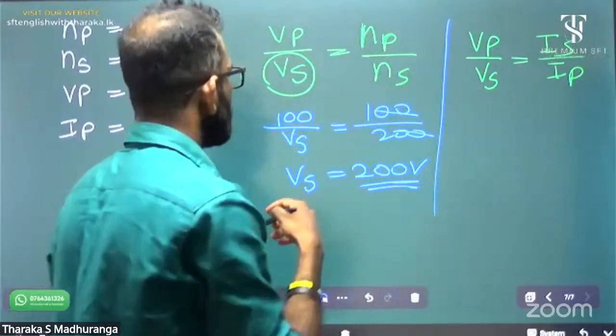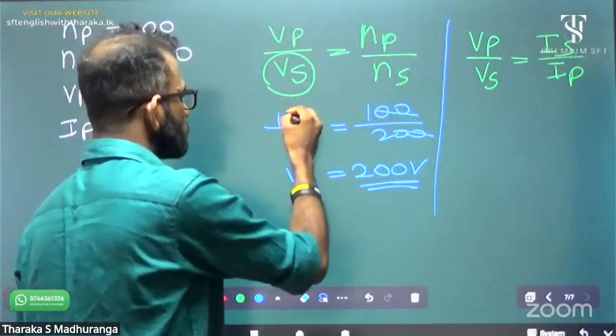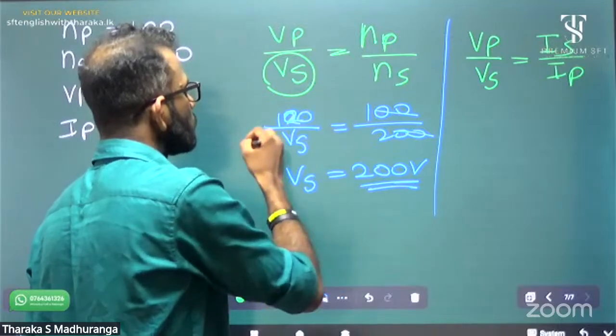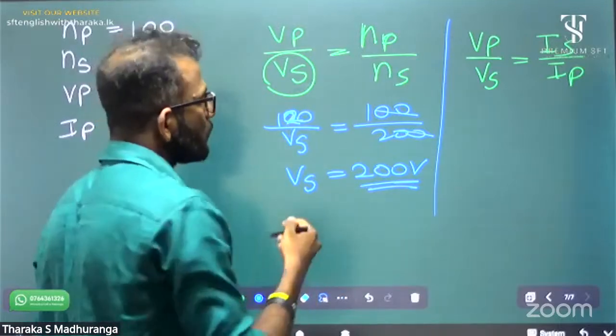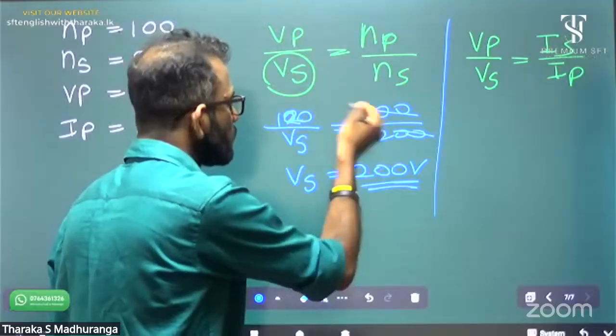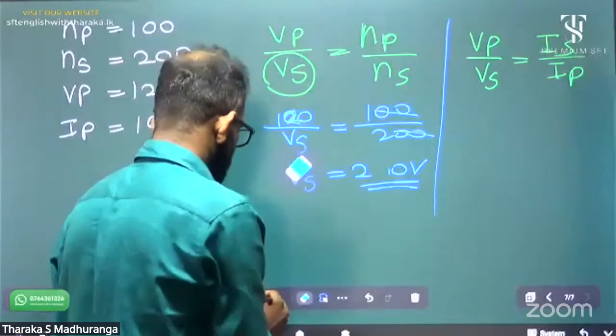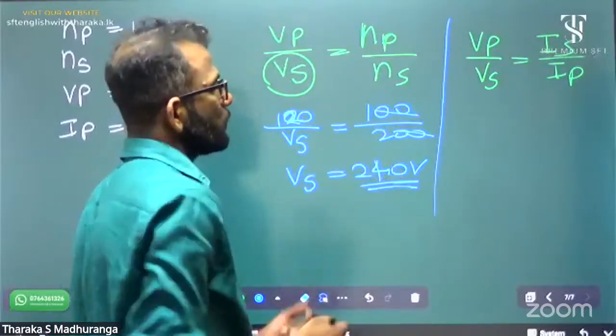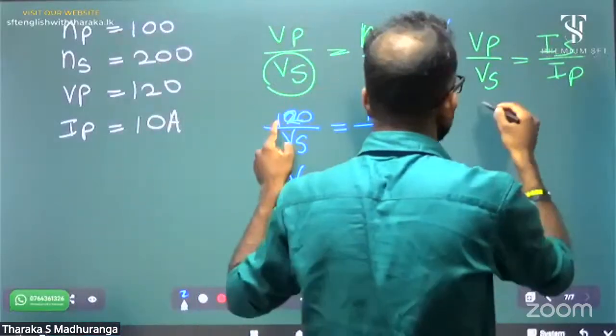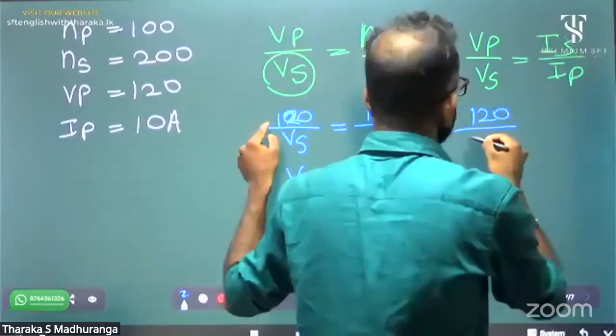Sorry, there is a mistake here. It's 120. So 120 over VS, 120 times 2, 240.